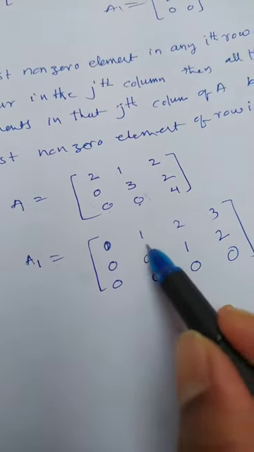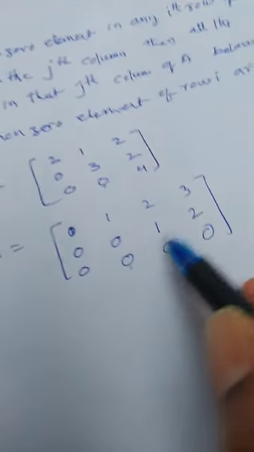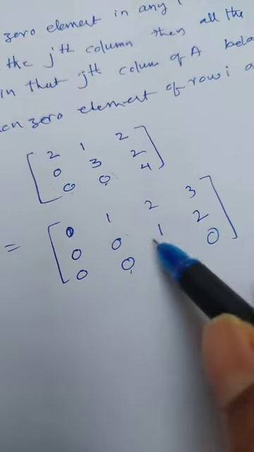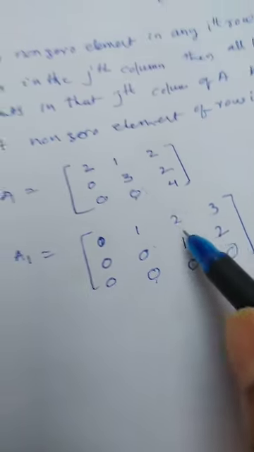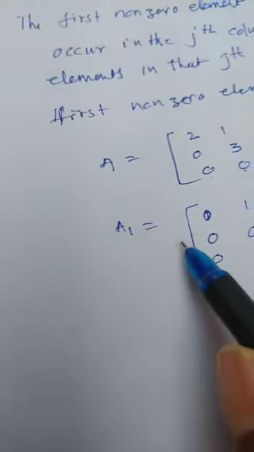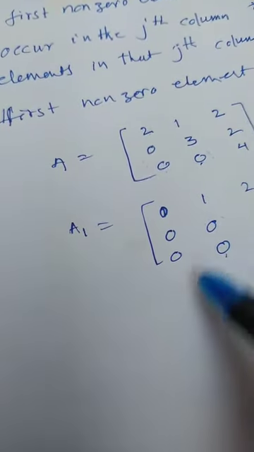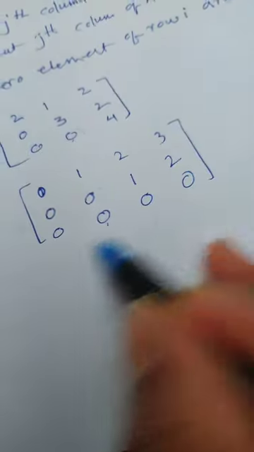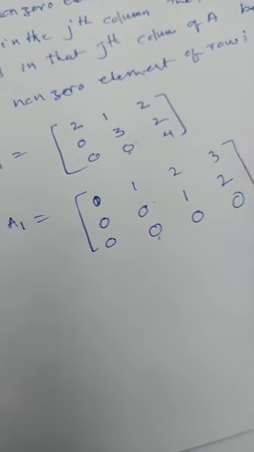Below this element, all elements should be 0, 0. If you take the second row, the first non-zero element 1 occurs in the third column, and the element below is 0. So this matrix satisfies the first condition. What is the first condition? If any zero row occurs, it lies below the non-zero rows. Here we have one zero row, lying below the non-zero rows.